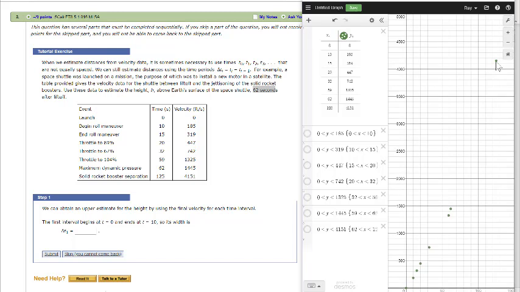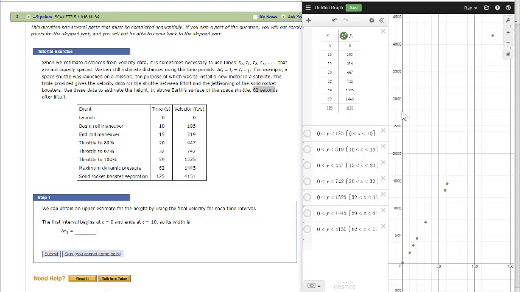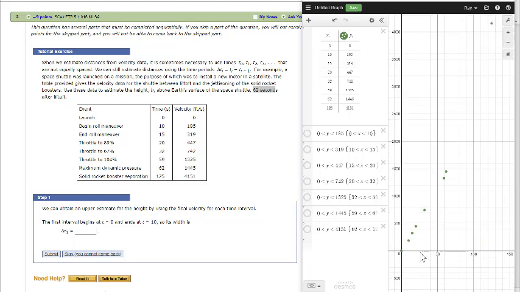So here's that other point that we're missing. But I don't know if we care about that. Let's just keep our graph the way it is for right now. And so we have the 0, 0 point, the 10, 185 point, the 15.